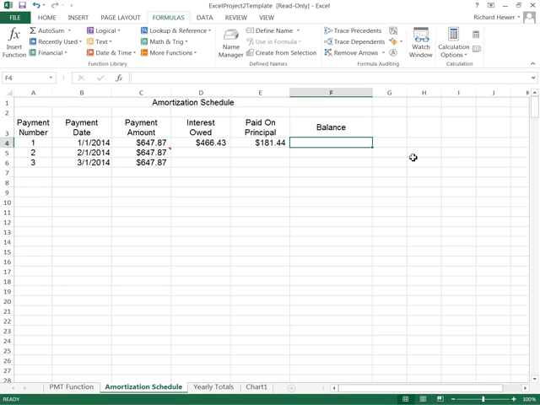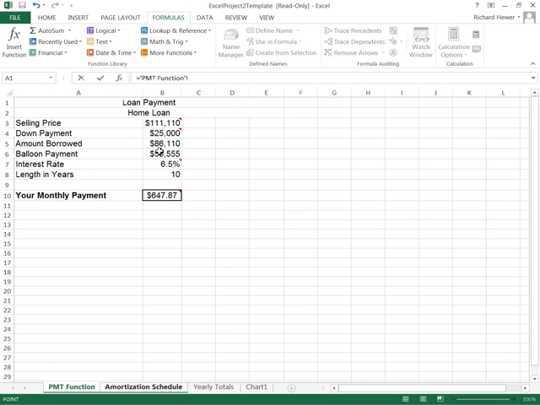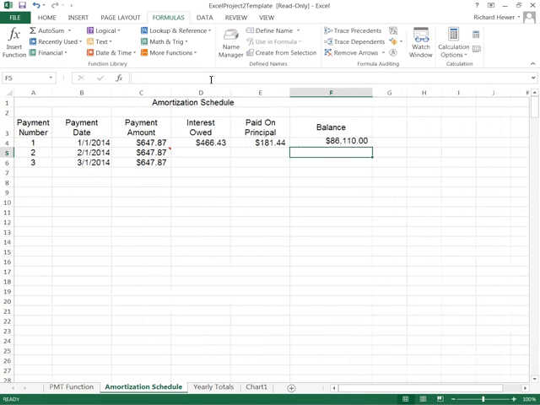Well, again, we hit the equal sign, and it's the amount we owed before we made the payment. That's the amount borrowed. And then I can hit enter, but that is not finished now, so I can go back here, and then up here you click and you put a minus sign, the amount you paid in principal, and you hit enter.